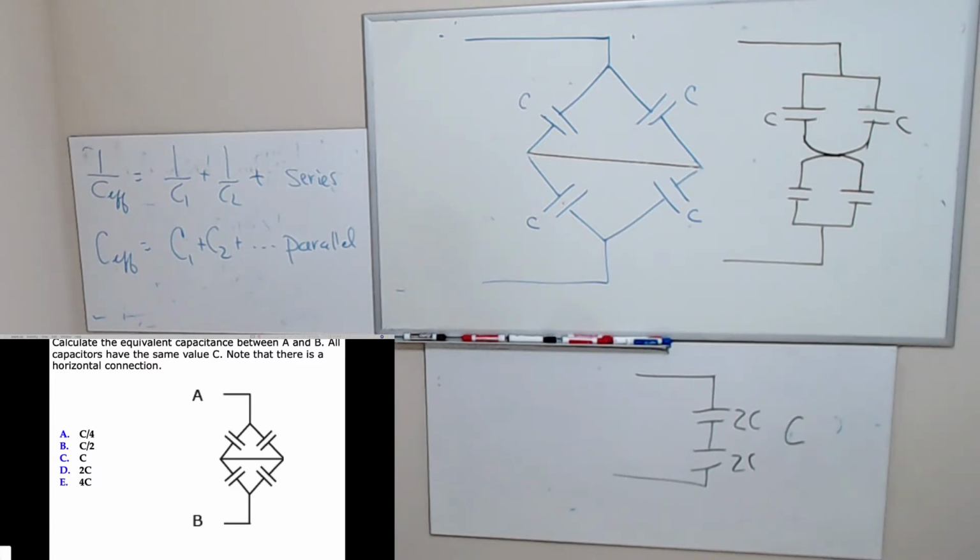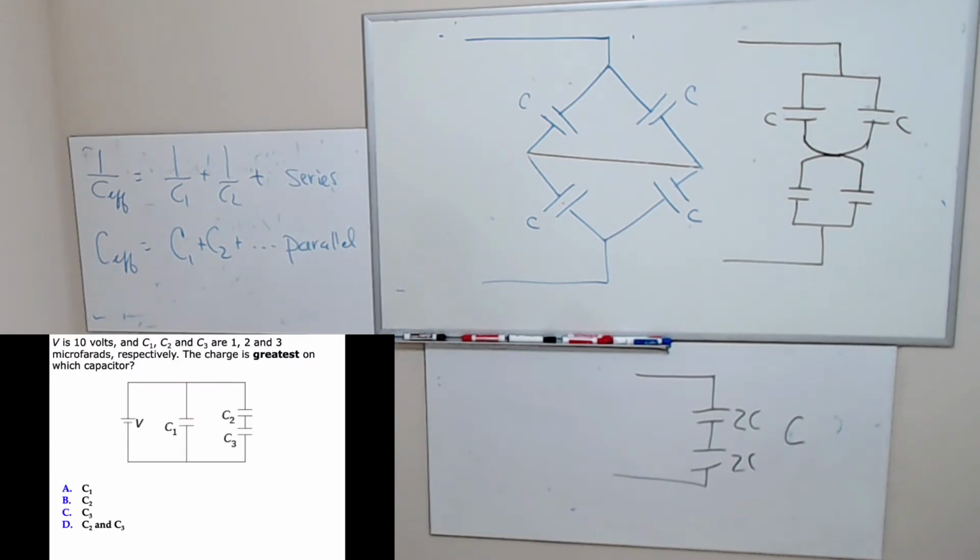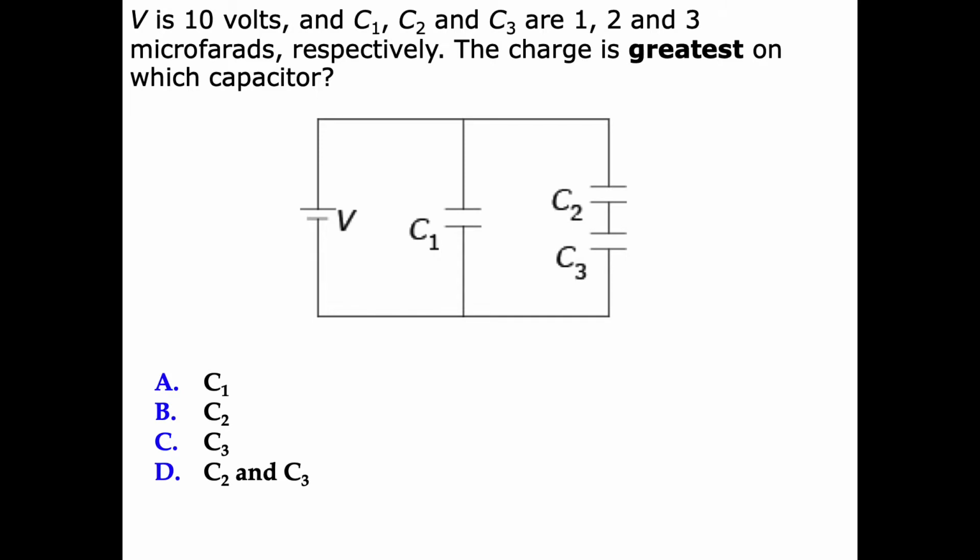Okay, I got one more. This one's going to be a little more challenging. You might have to do some work on this. So I have three capacitors. You have C1 in parallel with the combination of C2 and C3. C1 is 1 microfarad, C2 is 2 microfarads, and C3 is 3 microfarads.